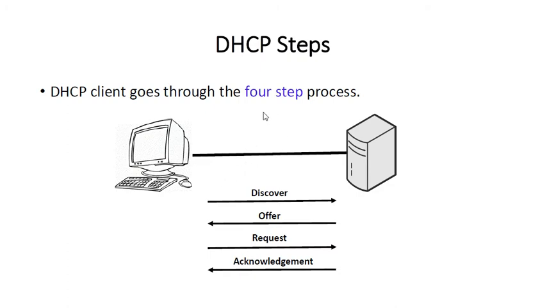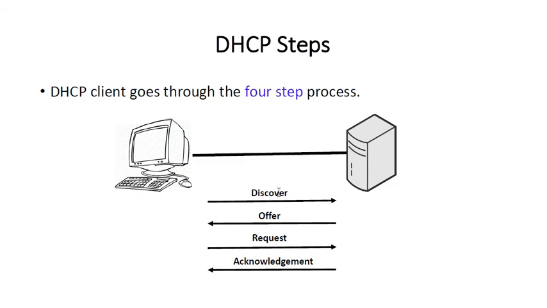So the client will look for the first DHCP offer packet, from whichever DHCP server it has received. Based on that, it is going to accept, and then it is going to send the request, that is the DHCP request packet, over the network to the server from where it has received the first offer.